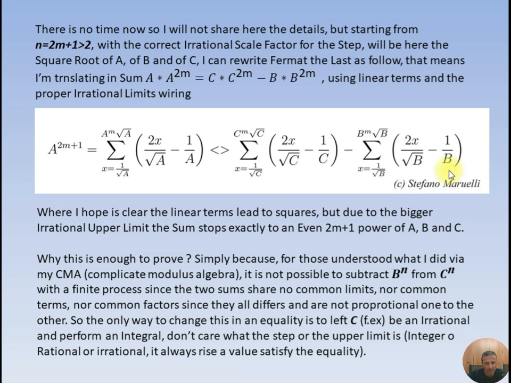And of course you can see also the terms here are irrational and totally different. So this looks like gears with different modulus, so they cannot be coupled in any way. So there is no rational transformation to subtract this sum from this sum.